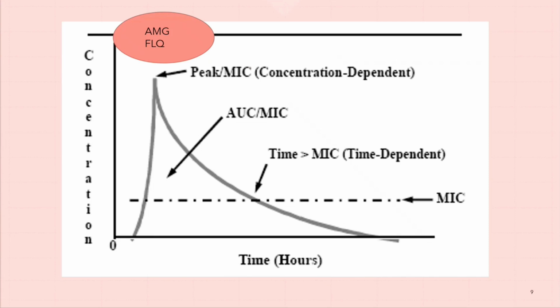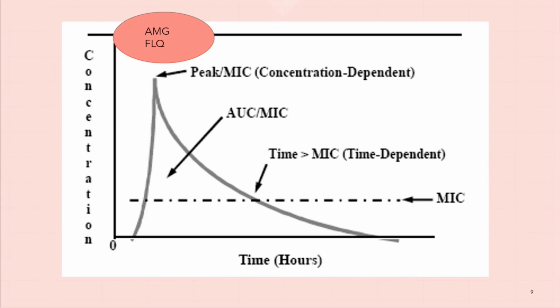So most commonly, we think about aminoglycosides and fluoroquinolones fitting into this category. And so when I think about antibiotics where peak to MIC correlates to their effectiveness, if I'm going to make adjustments to those agents, I'm going to care more about increasing the dose rather than changing the interval.